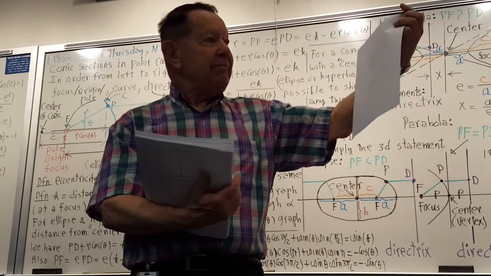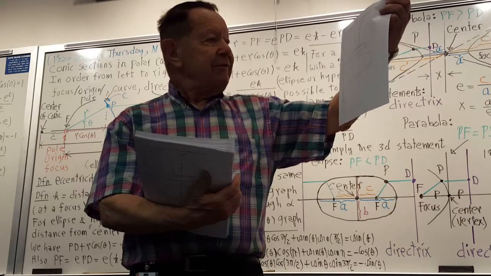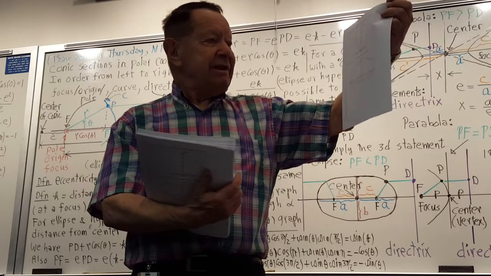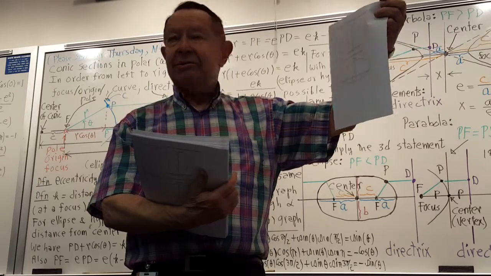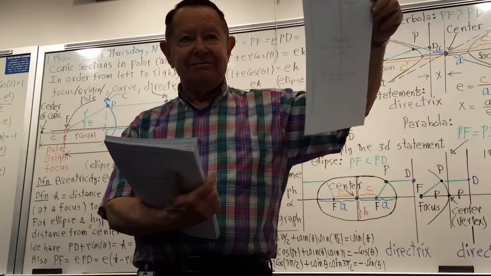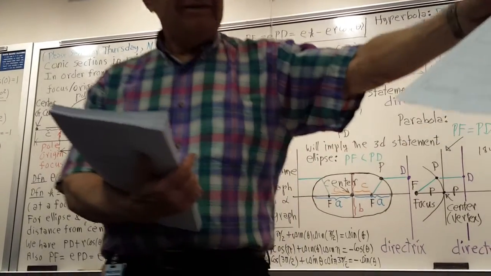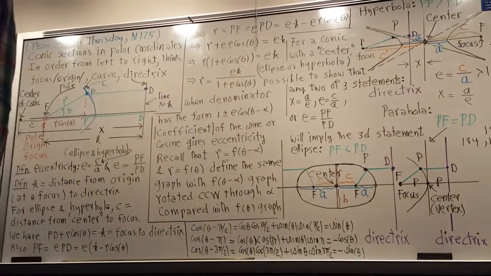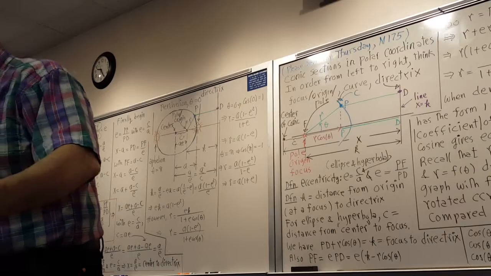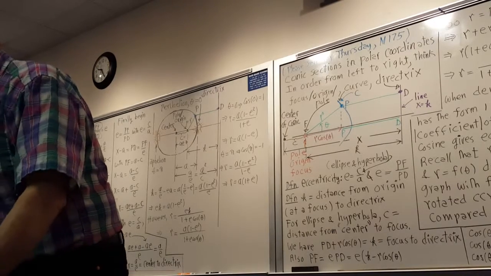So if you look on the back, if you have the right set of Maple, you see things that are in polar coordinates. Okay, who here doesn't have this? I have it. You don't have it, I have some more. The second sheet of paper, and we pick up with the polar coordinates.